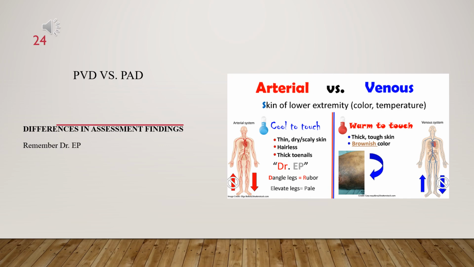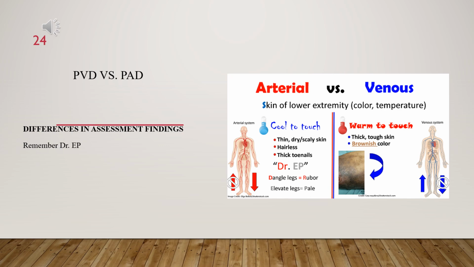So how do we differentiate PVD versus PAD? They're going to have different assessment findings. Remember Dr. Epp. So arterial versus venous. The skin of the lower extremities, the color and temperature, are going to be different. With the venous, remember the blood can get down to the extremities. So the extremities are going to be warm to touch, but then the blood is going to be pooling there.